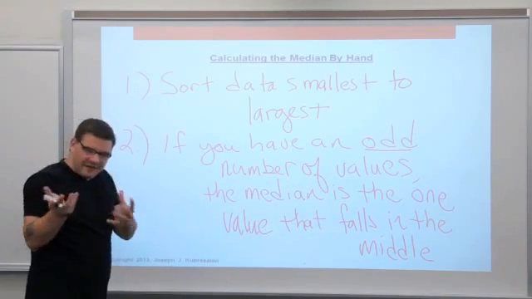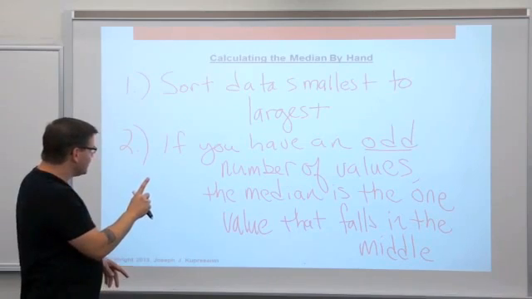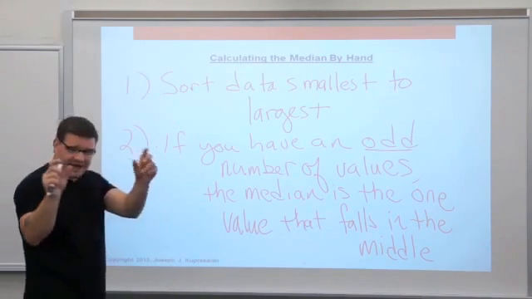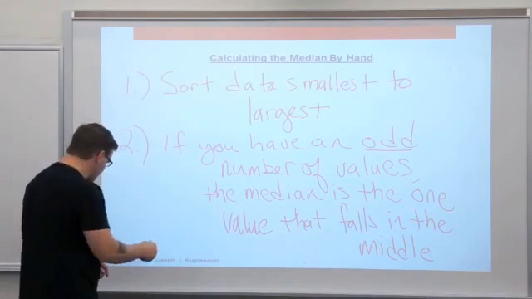Last thing we need to think about, if I have an even number of data values, one of them won't fall right into the middle. And if that's the case, what we do is we take the two in the center and we just average them out. Okay, so we'll still have to sort.